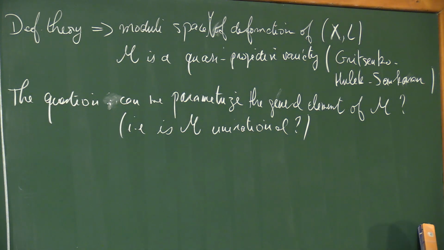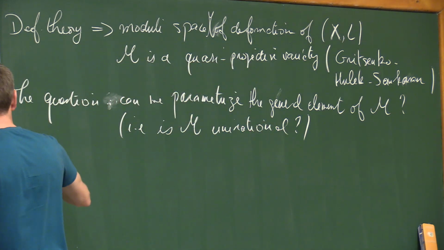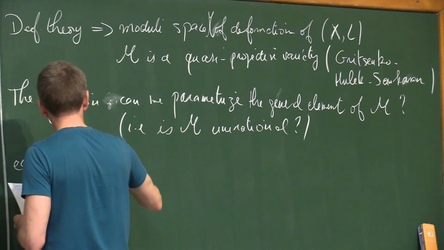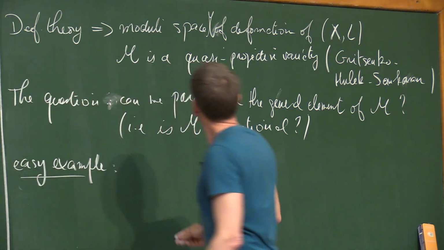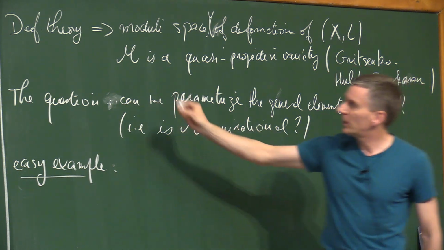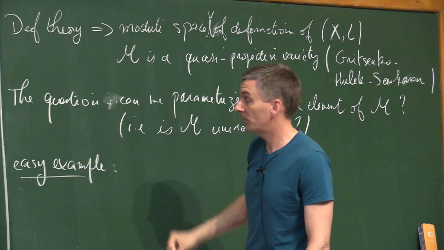Let me give you a very easy example, maybe the easiest possible example. These moduli spaces will be decorated by the deformation class of the IHS manifold and numerical invariants. So let me start with an easy case.